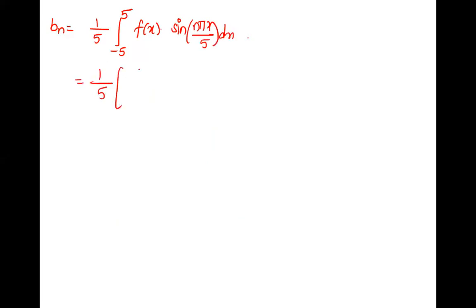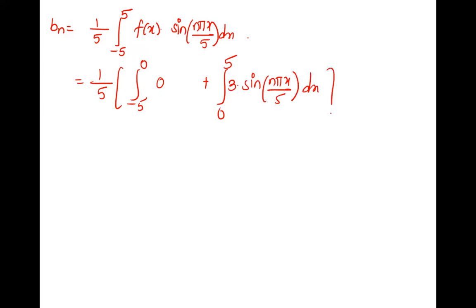So Bn is 1 upon L, integration from minus L to L, f of x into sine n pi x by L, L is 5, dx. Once again, integration from minus 5 to 0 where it is 0, and 0 to 5 where it is 3. 3 into sine n pi x by 5 dx.